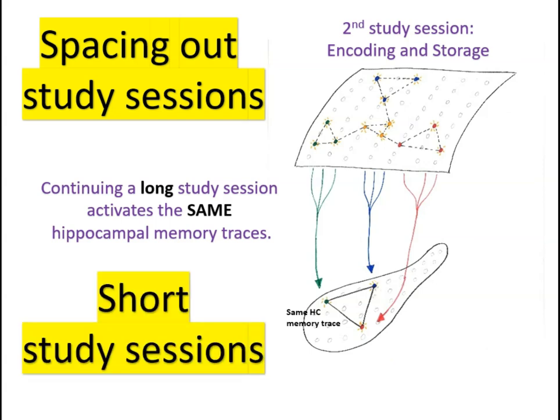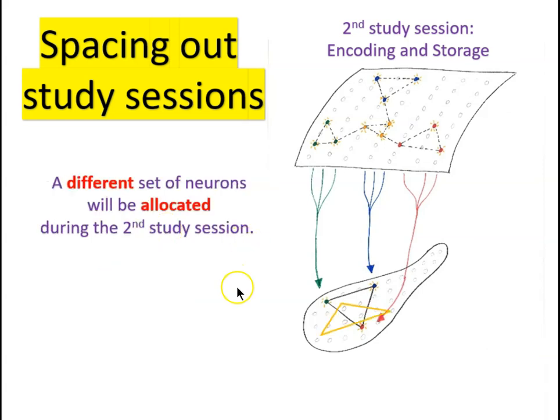This means we want to keep our study sessions short, and that's because of the high plasticity of the hippocampal neurons. By spacing out our study sessions, we will guarantee that we have a different set of neurons allocated to the new memory trace for that second study session. Remember, it's the same information, so it's the same cortical memory traces being activated.